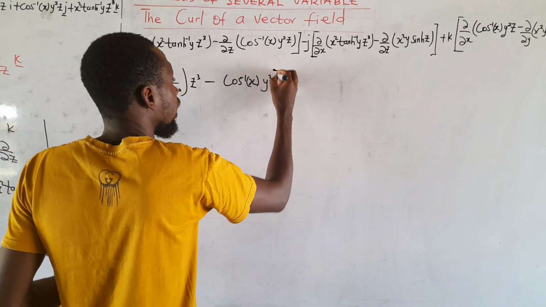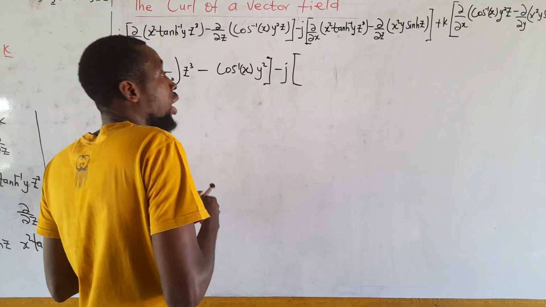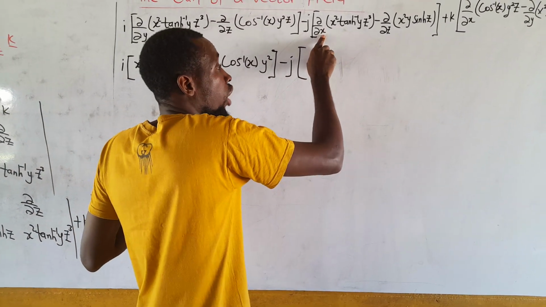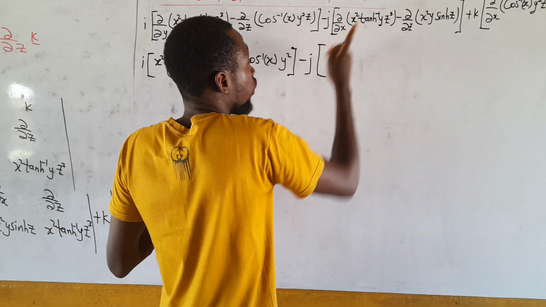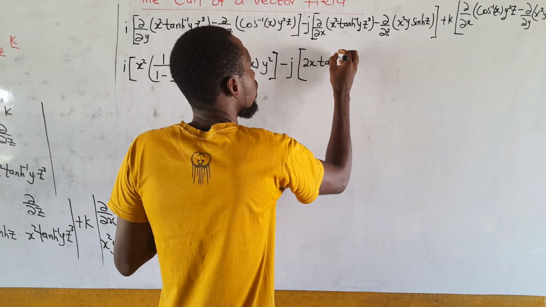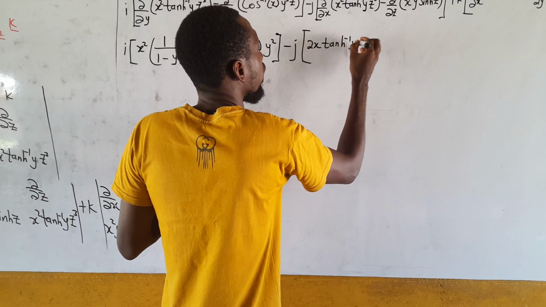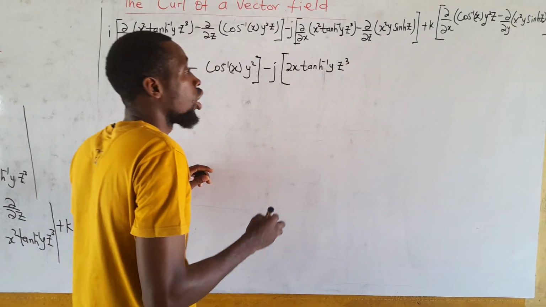So that is for the i direction. Then minus j. We perform another partial differentiation of this function with respect to x. So tan inverse of y z cube will be held constant. We just differentiate x squared, get 2x, tan inverse of y z cube. Here too, the tan inverse is only affecting the y.